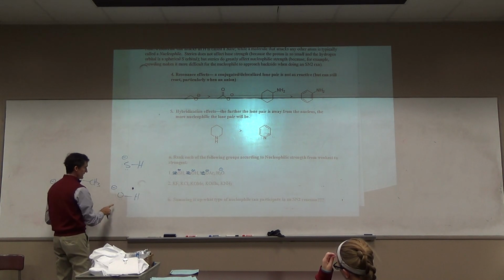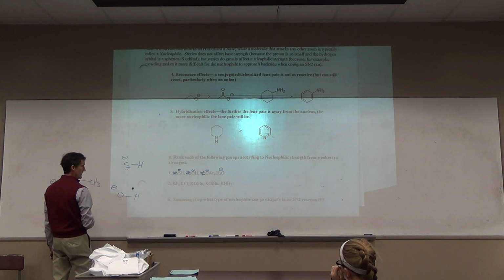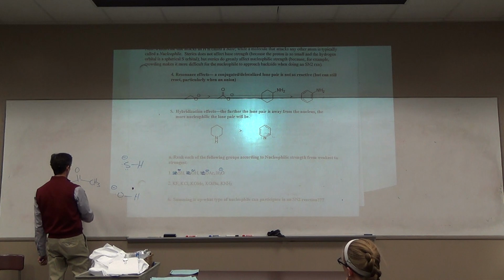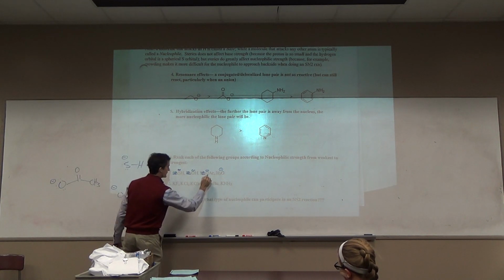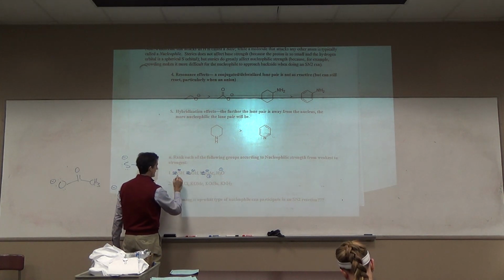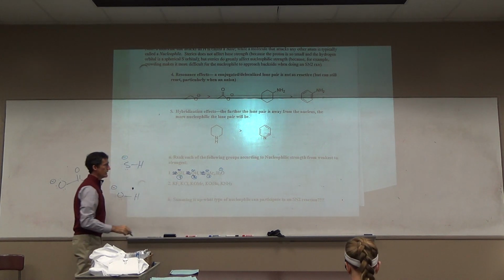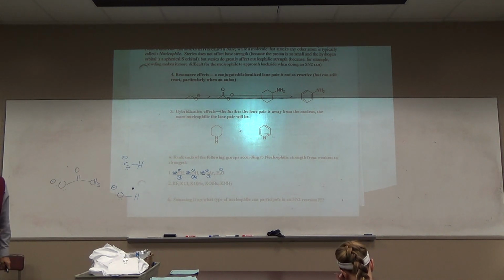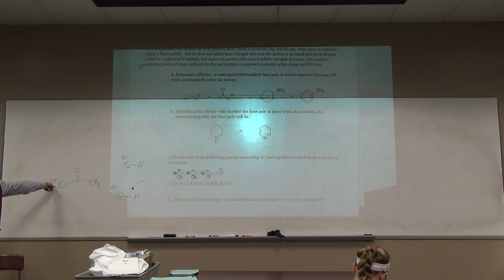So if we rank these from worst, what's the next worst? 2, then 3, then 4. I need to turn that around. I'd rather go the other way. The best there is the S minus. It's better than O minus, and O minus is better than this O minus because this one's delocalized.